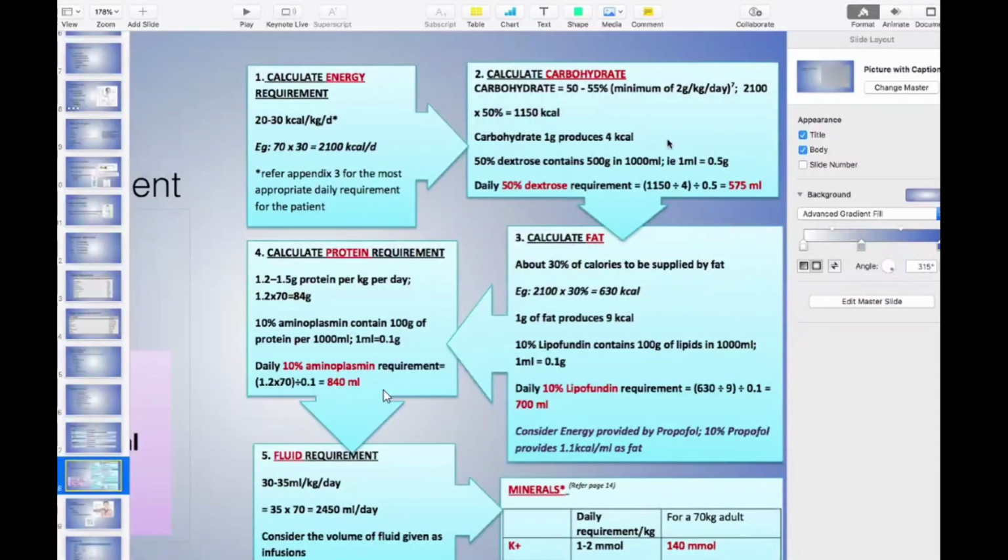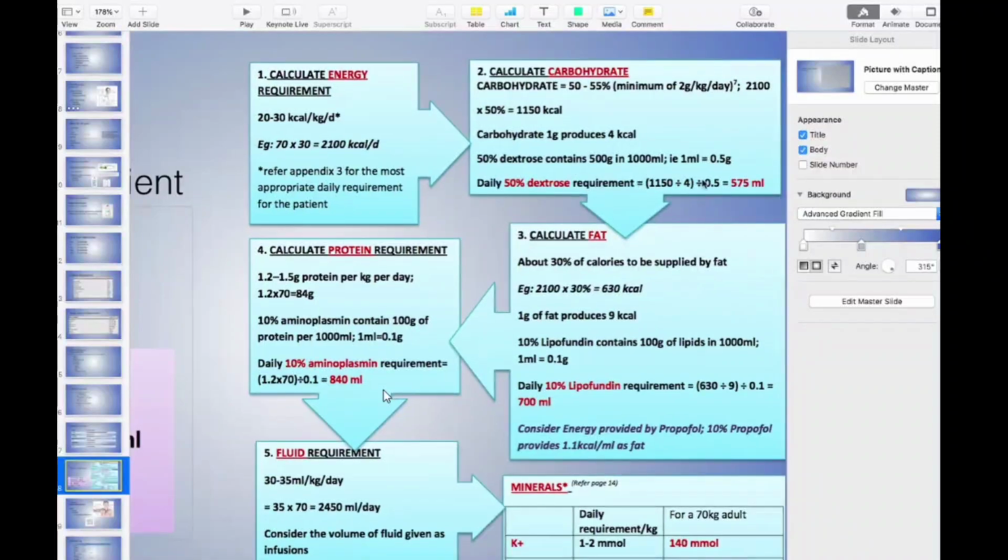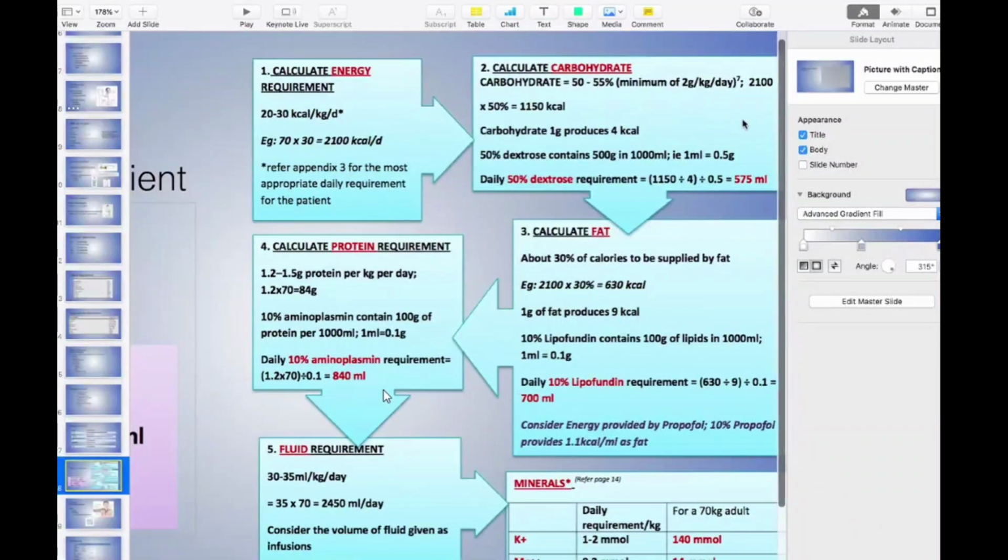Then 50% dextrose means 500 grams of carbohydrate in 1000 ml. That means 1 ml of dextrose equals 0.5 gram. So simply, you can calculate how many ml of dextrose should be given to this patient over 24 hours.